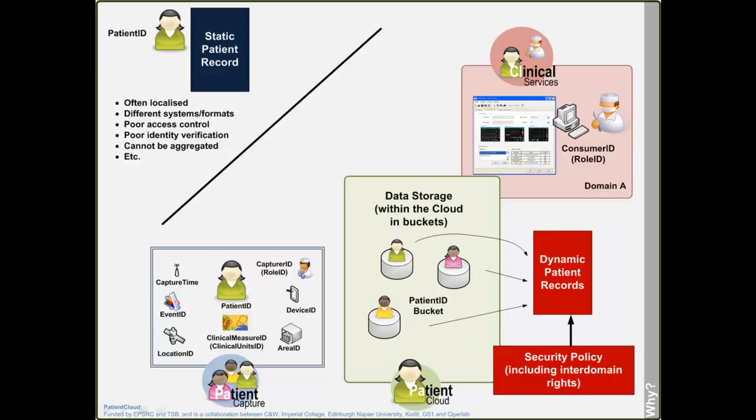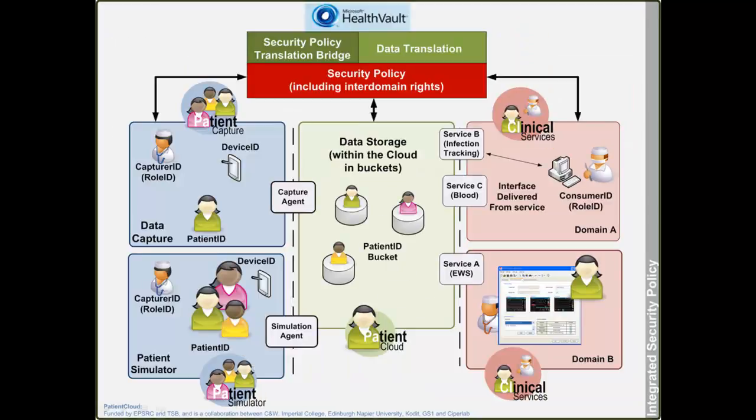All the data which is captured will be stored on the cloud in what is known as data buckets. In order to test and evaluate how effective these data buckets are, we need to find some way to feed the data buckets with, well, data. This is where the idea of the patient simulator comes in. As the name implies, the patient simulator allows us to simulate a patient's attributes.